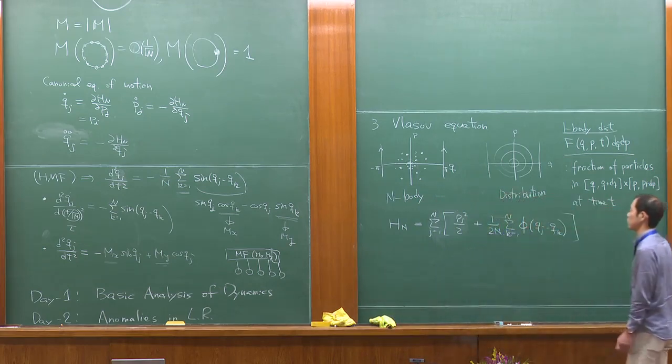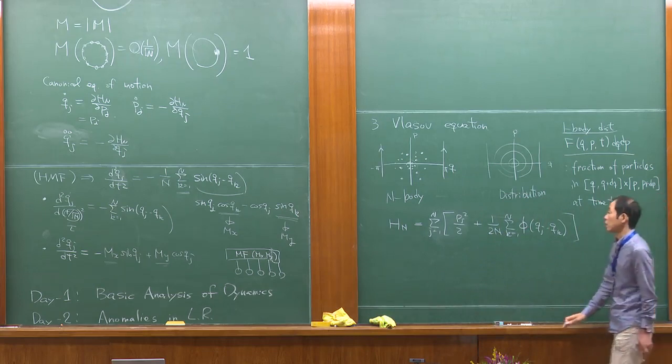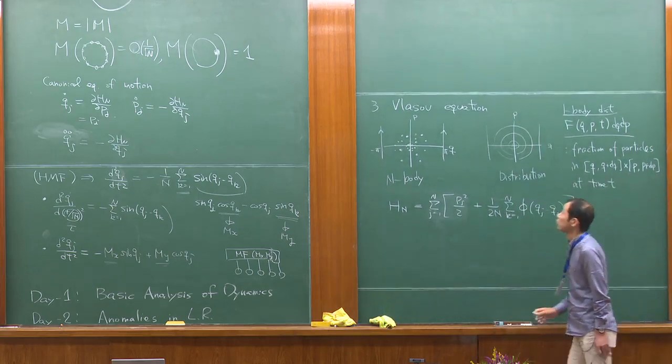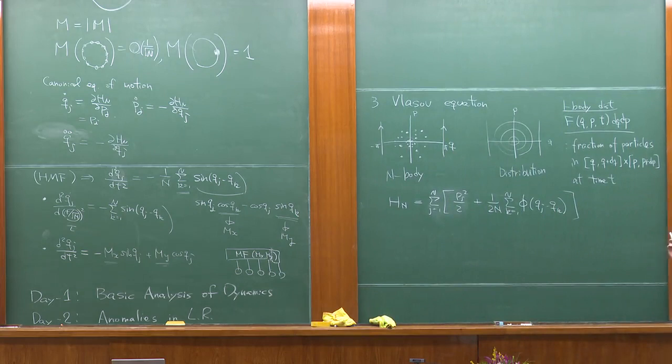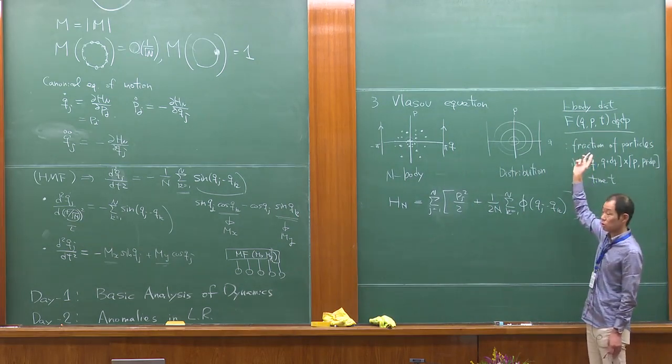So this is the Hamiltonian. And now we concentrate on the jth particle because we are considering the one-body distribution.